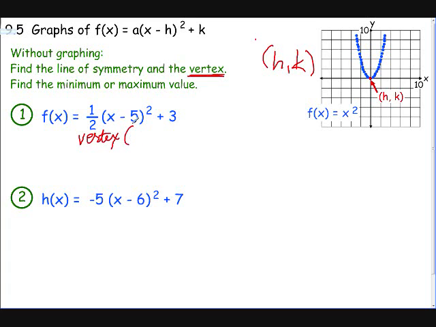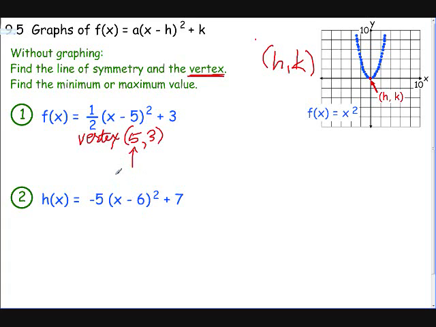Our x-coordinate is found right here, and remember it's minus our x-coordinate, so that's a positive 5. And our y-coordinate is found right here, and that's positive. It's adding a 3. It's positive 3.